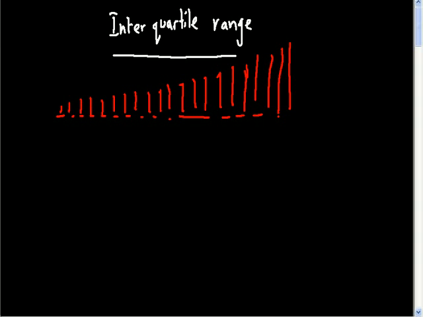The person right in the middle is the 11th person, isn't it? So 1, 2, 3, 4, 5, 6, 7, 8, 9, 10, 11. That person is the median. So the 11th person's height is the median value.